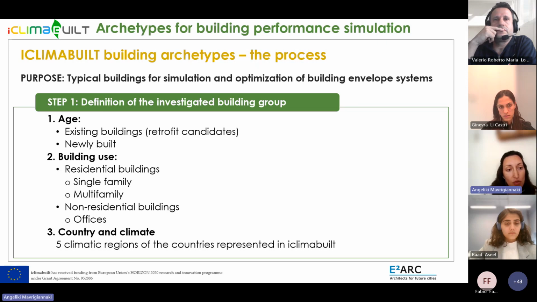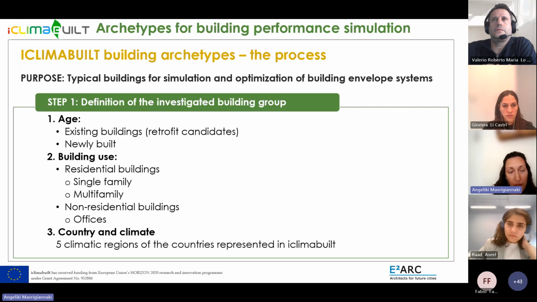The use of the buildings would be both residential as well as non-residential buildings with focus on offices. Then, for the country and climate that the buildings are located in, it was decided that this would be the 5 regions and countries that are represented in Iclimabuilt.